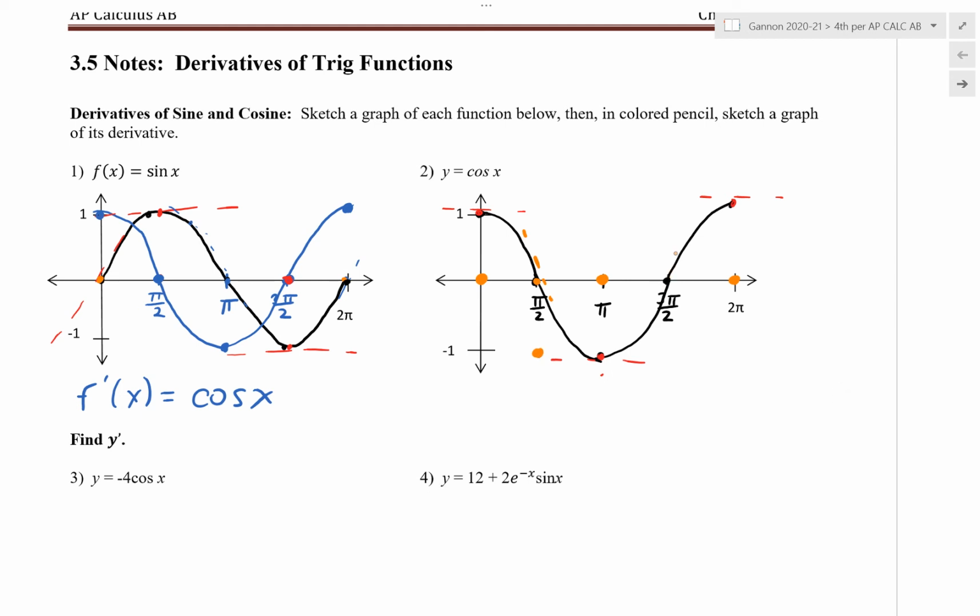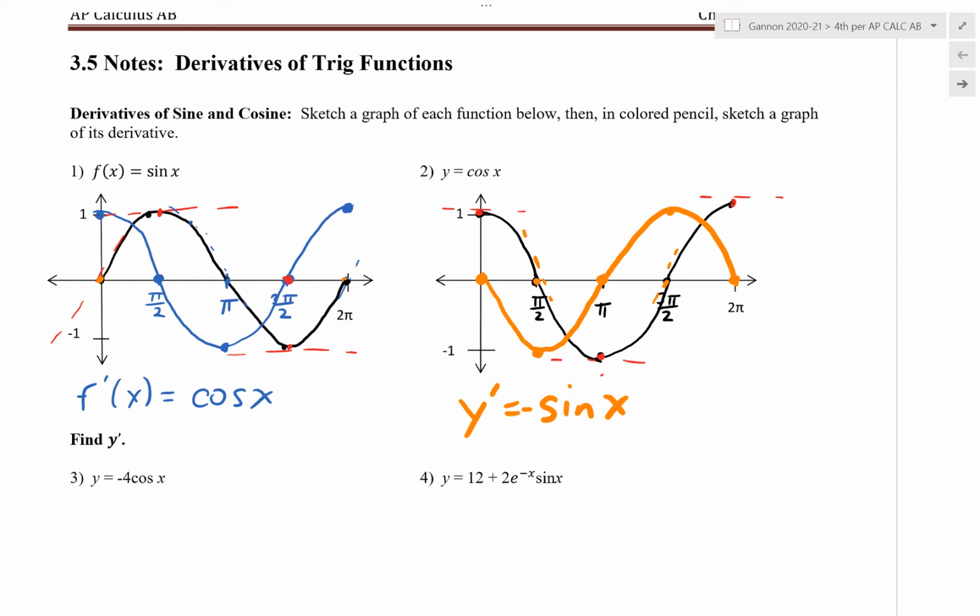Whereas at this point, that slope is going to be positive 1. And the derivative ends up looking like this. So instead of the derivative of cosine being sine, it's actually negative sine. So y prime is equal to negative sine of x.